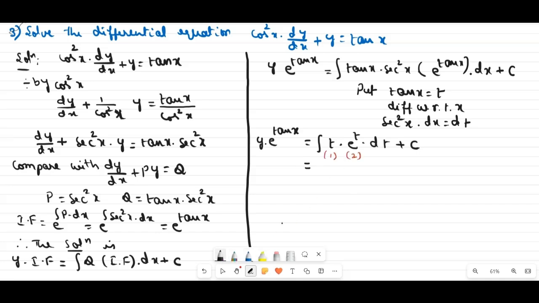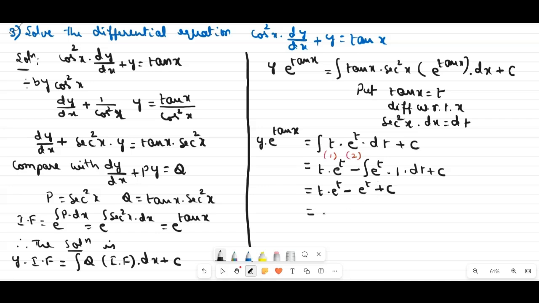Let me apply integration by parts: first function into integral of second function, minus integral of the integral of the second function into the derivative of the first function with respect to t, plus c. So t into e power t minus e power t, whose integration is e power t, plus c.